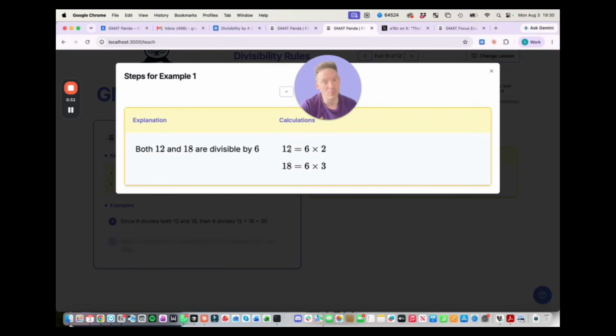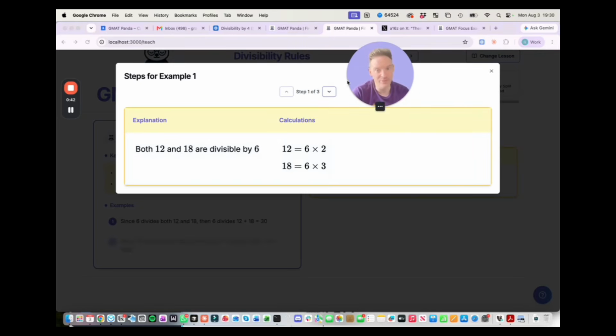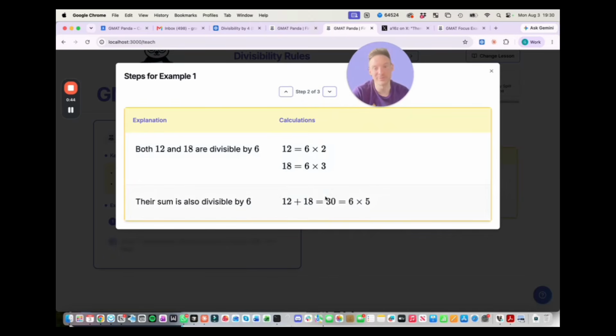Well, when we add those two numbers together, 12 plus 18, that will always be also divisible by 6. And we can check. 12 plus 18, that's 30. 30, we can also write it as 6 times 5, so it means that it is divisible by 6.